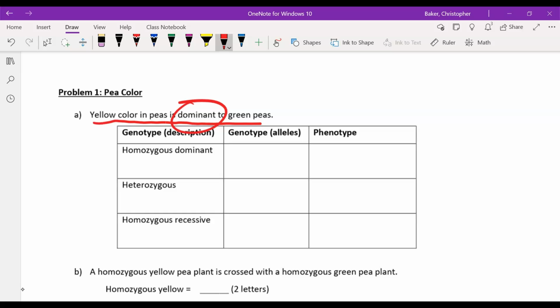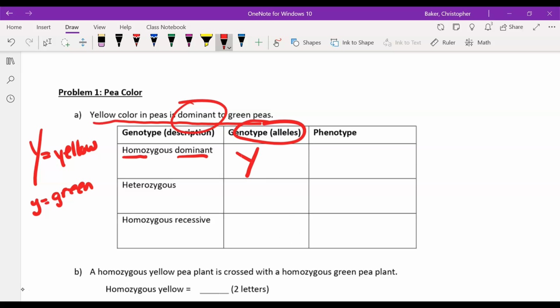So yellow, capital Y, is going to be our loudmouth, so we're going to call that yellow. Lowercase y is our quiet person, so we're going to call that green. Now we've got to figure out the genotypes. This is the genetics, the letters. Homozygous means same, dominant.